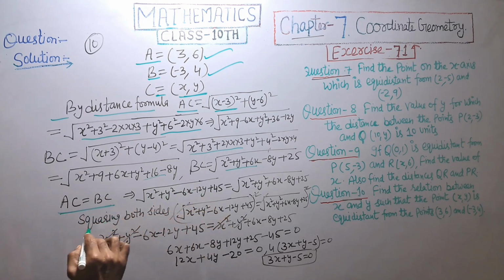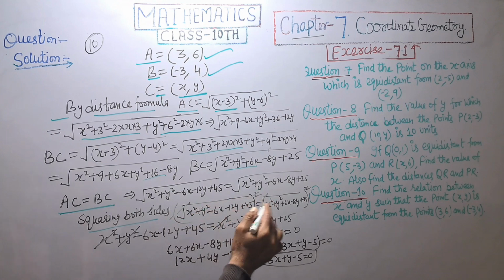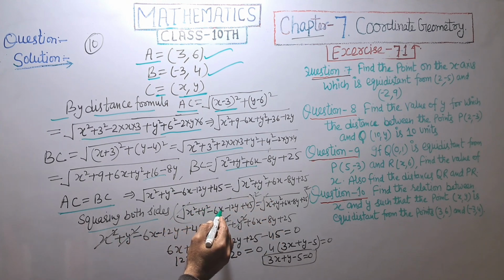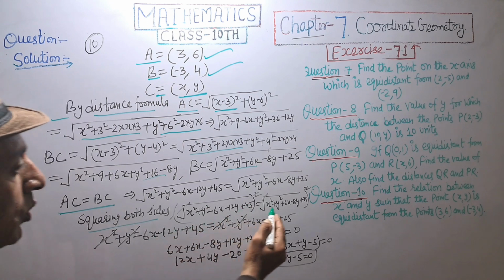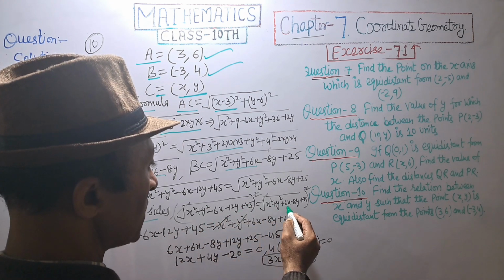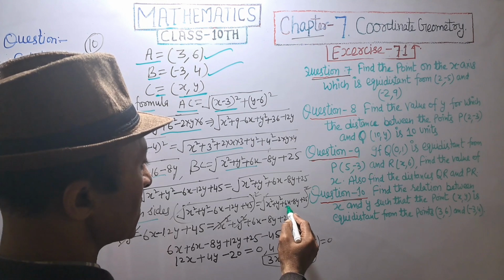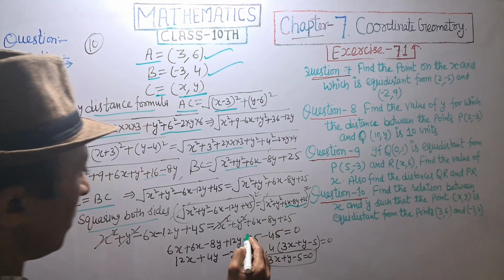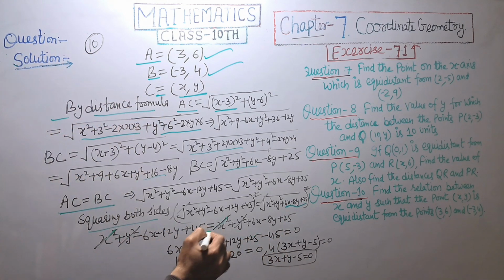Squaring both sides, the root is cancelled, and we get x square plus y square minus 6x minus 12y plus 45 on the left side equal to x square plus y square plus 6x minus 8y plus 25. X square is cancelled, and y square is also cancelled.